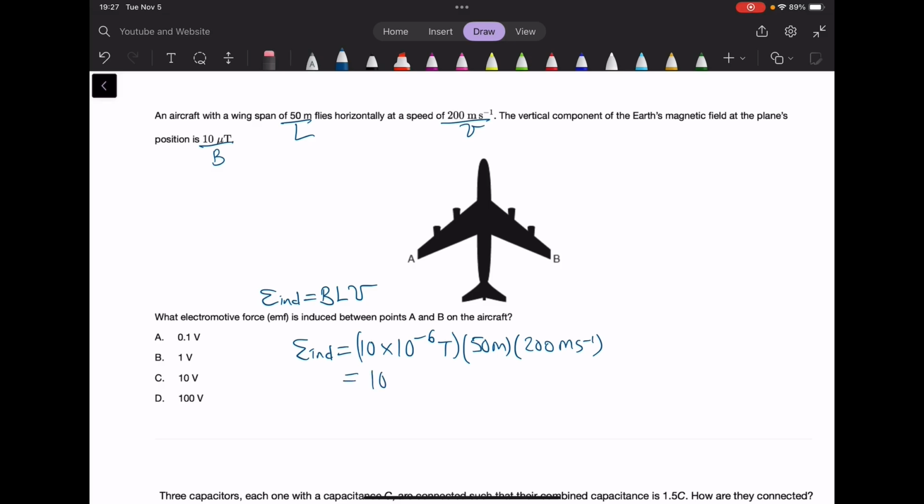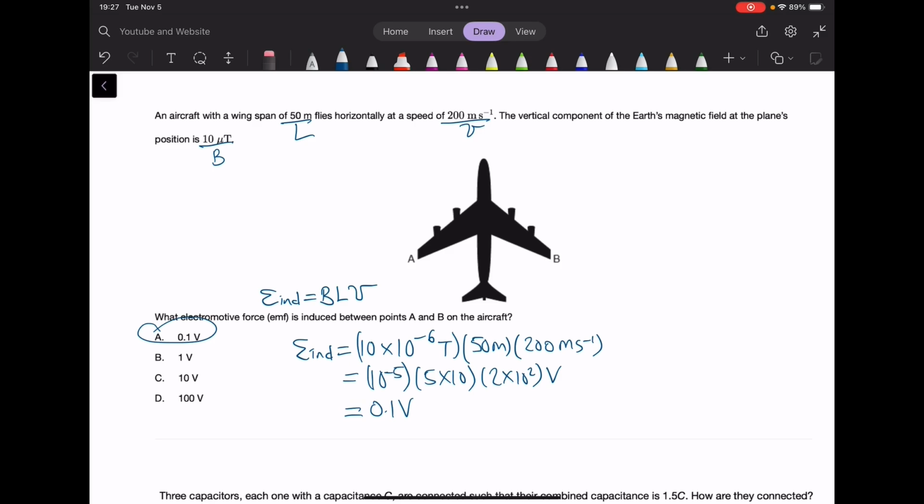Simplify everything, we get 0.1 volt. So the answer is A. The algebra can be a bit tedious, but just try to be careful with algebra, and everything else should be pretty straightforward.